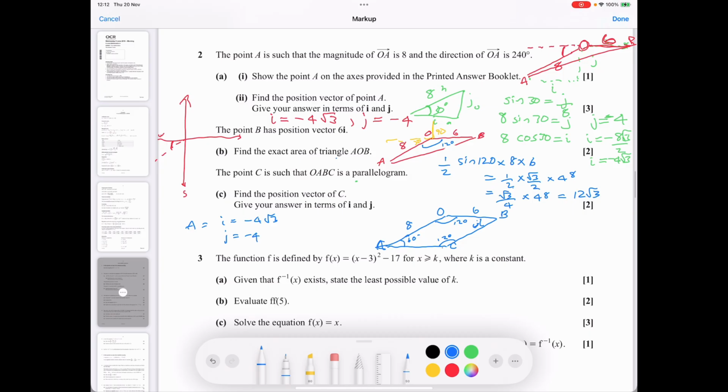So we know that C is in the same place in terms of y, so j equals minus 4. And then we know that i would equal minus 4 root 3 plus 6, because we're going that way 6.